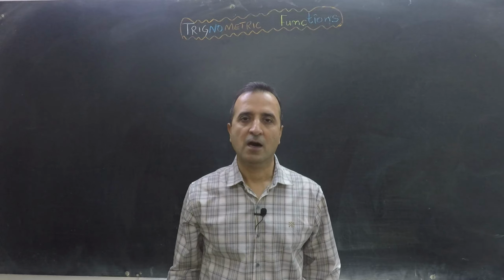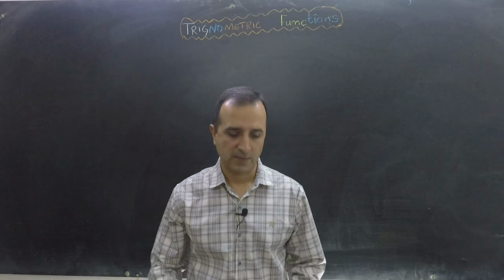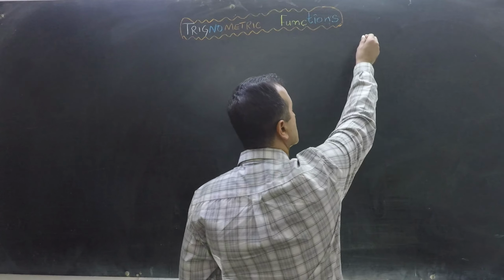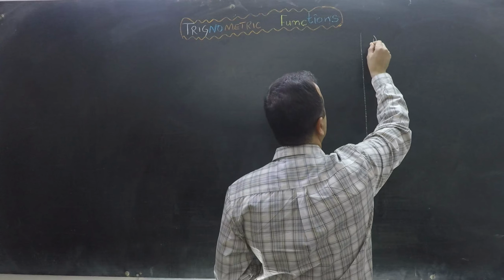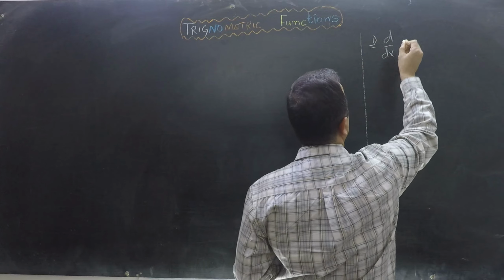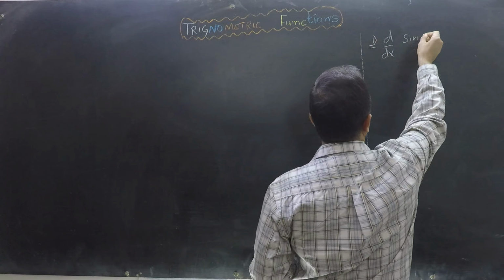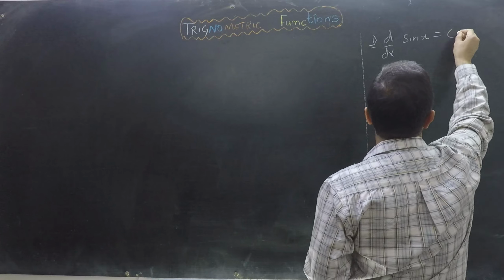Let's learn how to find derivatives of trigonometric functions. Derivative of sin x is equal to cos x.